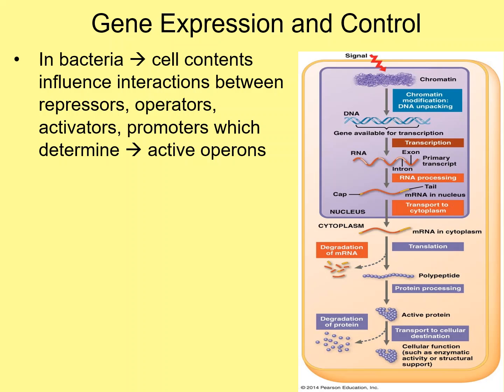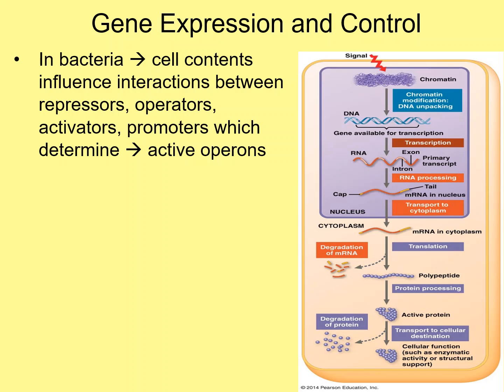We can bind methyl groups by those chromatin modifying enzymes to condensed chromatin, and that basically turns all of the genes on that chromosome, or on that part of the chromosome, off completely. We can add a methyl group to individual promoters that blocks transcription completely, and that's going to turn that particular gene off.